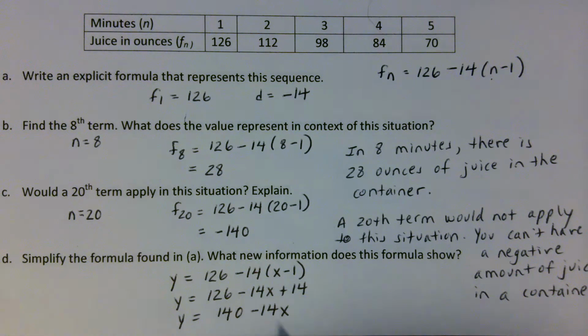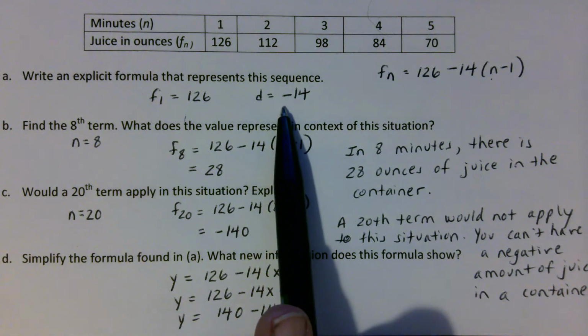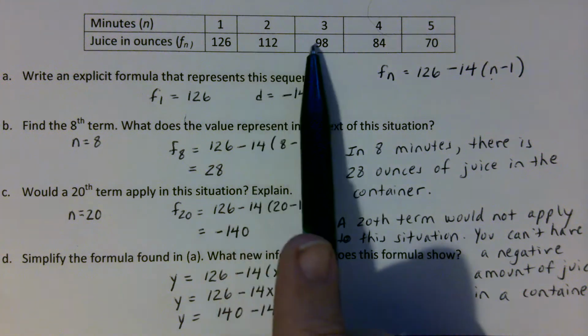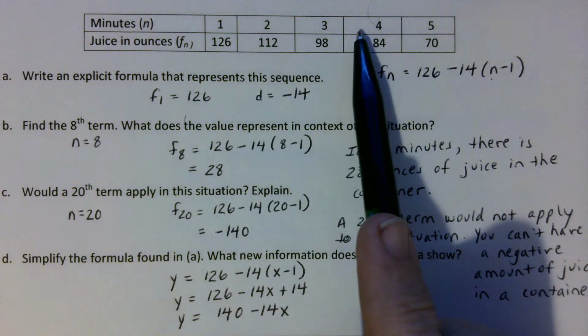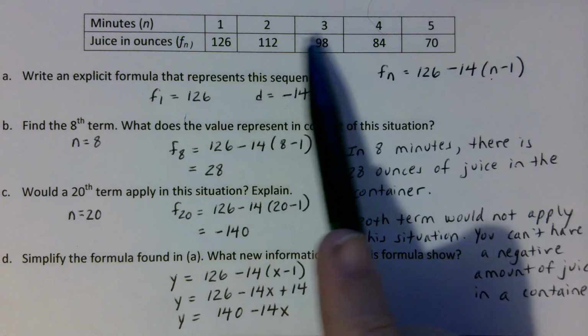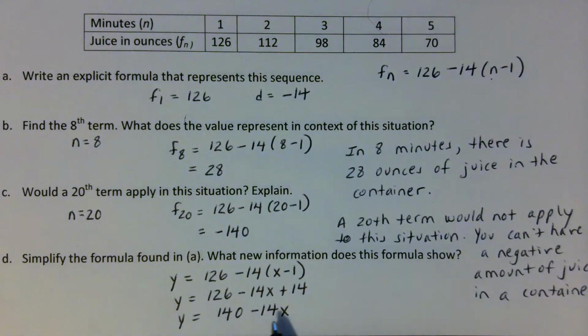When you simplified the equation, we ended up getting this in y equals mx plus b form. So we already knew from our common difference that our rate of change was negative 14. That for every minute that went by, we had 14 less ounces of juice in the container. And that's our rate of change here.